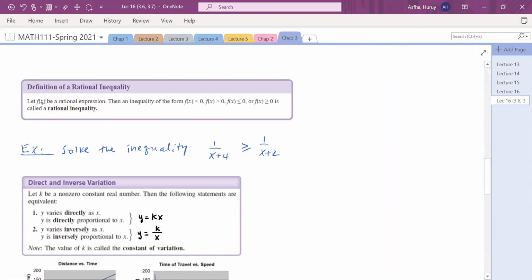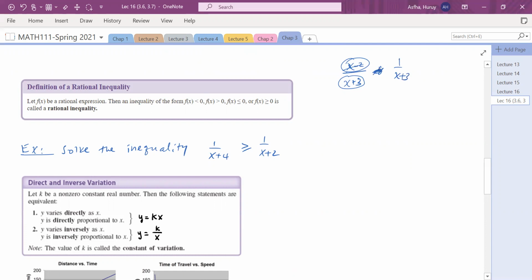A rational expression is something that we write with an x term on the numerator and an x term on the denominator, let's say x minus 2 over x plus 3. I can also have, for example, 1 over x plus 3.